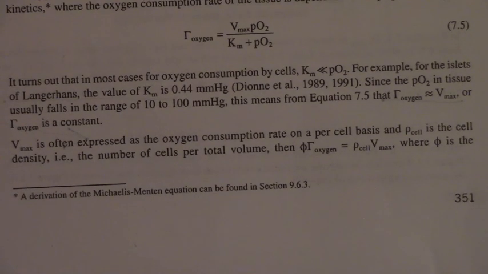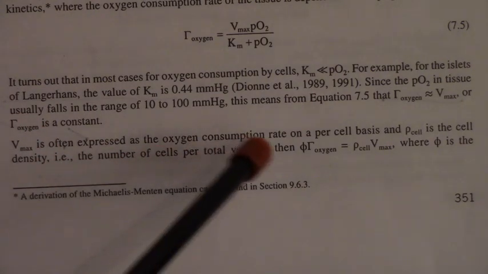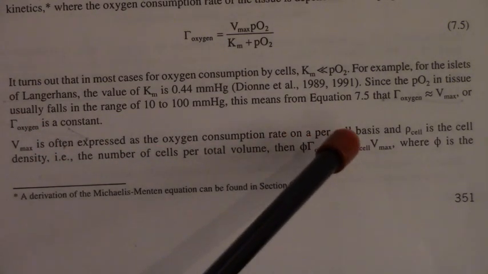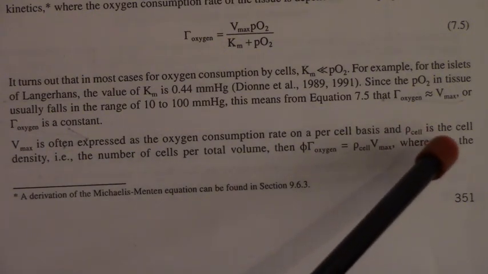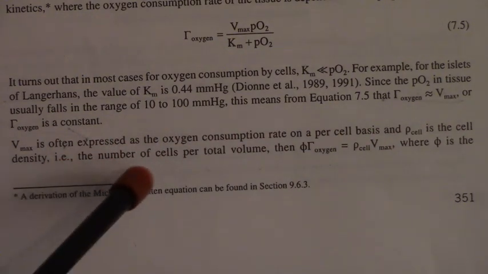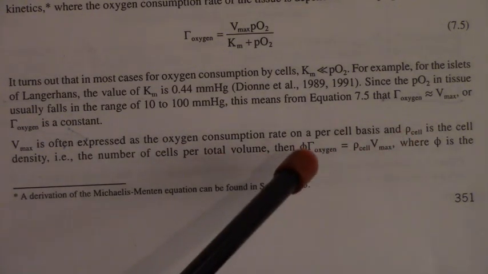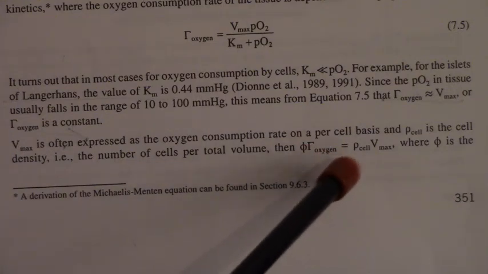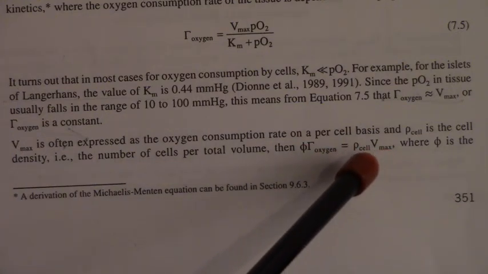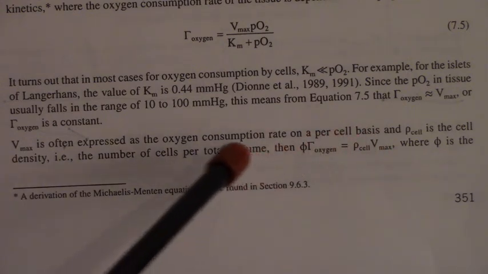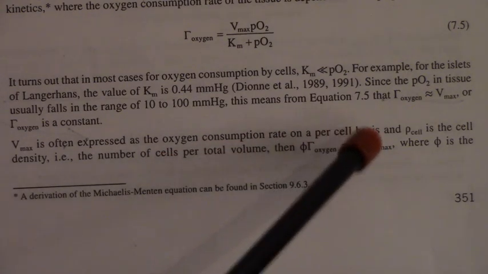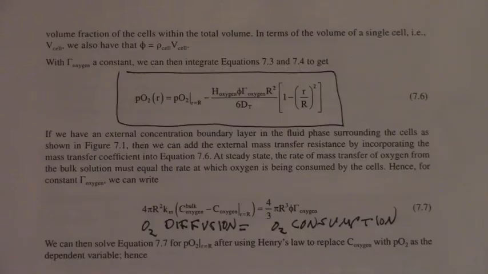Now there's a couple things that you might find in the literature you just have to be aware of, is that Vmax is often expressed as the oxygen consumption rate on a per cell basis, and rho cell is the cell density, that is the number of cells per total volume. So if you think about it, what that means is phi times what we call gamma oxygen is also equal to rho cell times Vmax, when Vmax is expressed as the oxygen consumption rate on a cell basis.